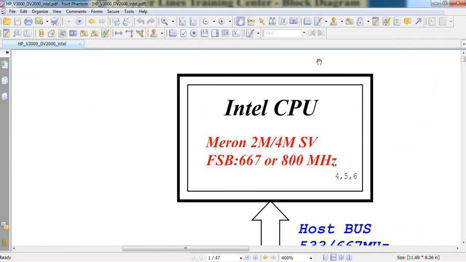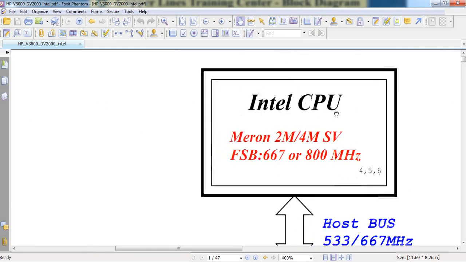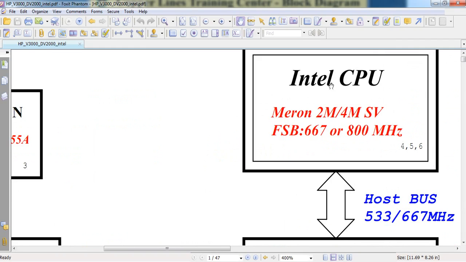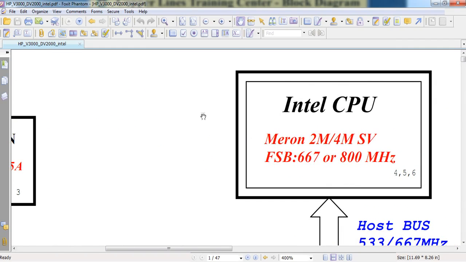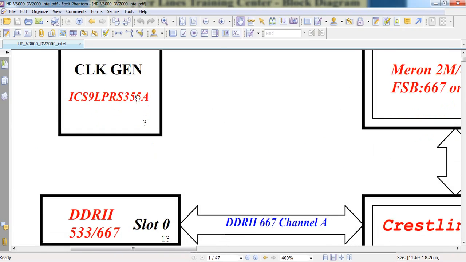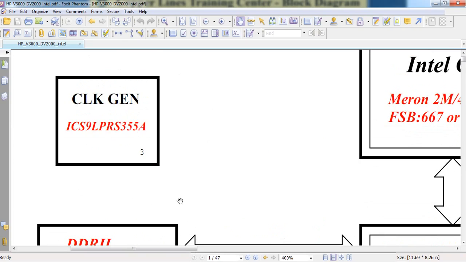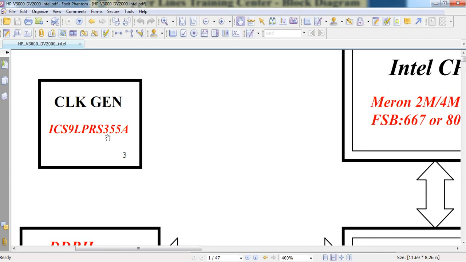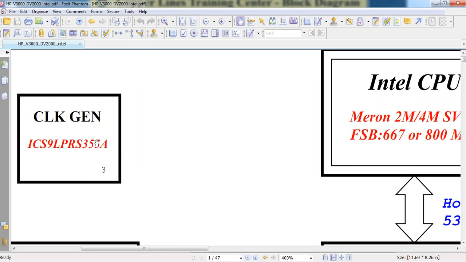As you know, the CPU is the heart of the computer. In the same way, the CPU is the brain of the computer, and the clock generator is also called the heart of the computer. Suppose this clock generator is not functioning properly, then the clock signal will not be generated.